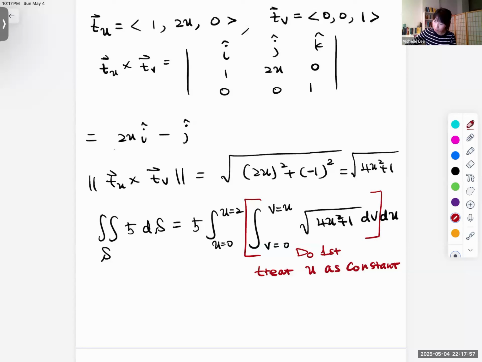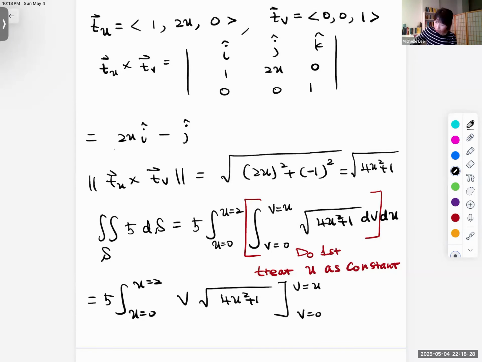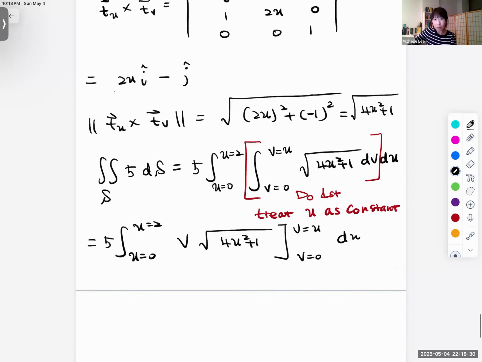Everything is constant, so we integrate with respect to v. We have v of that. Easy, so we have 5u from 0 to 2, v times the constant, and then we evaluate from v equals 0 to u, du.